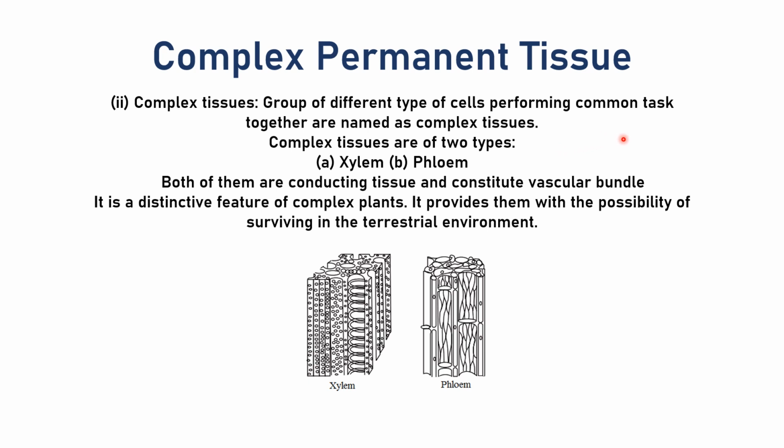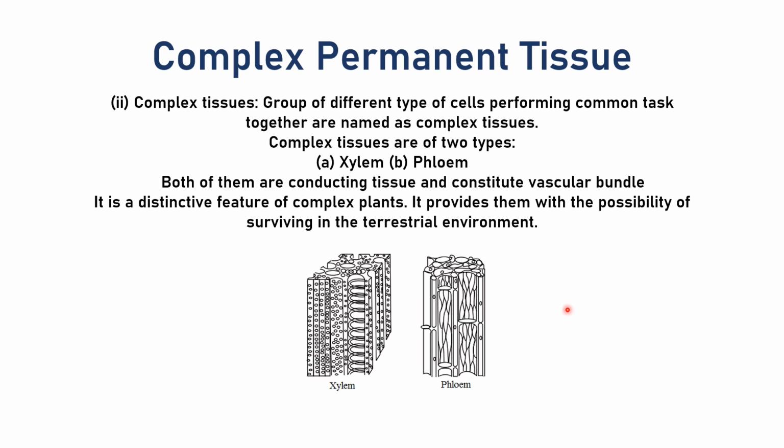Food is manufactured in green leaves by the process of photosynthesis, and then this food is transported to the upper parts of the plant, because the upper parts don't have that many leaves. So there is transportation in two directions, up and down, in plants, right? We are going to study complex permanent tissue in detail.